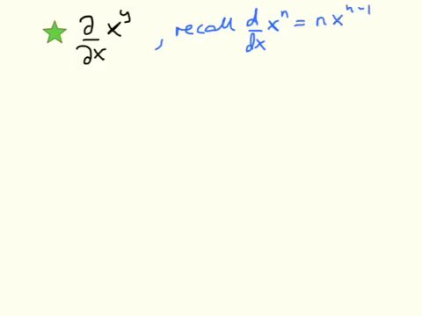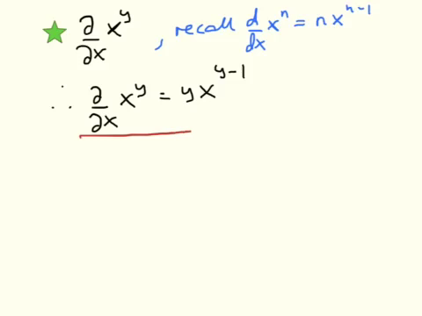And that's all that we do now. So therefore what we have is that d by dx of x to the y is just going to be, we pull the power down and then we multiply it by x to the power y minus 1. So that is our result for this exercise.